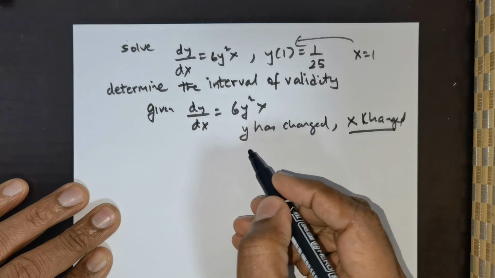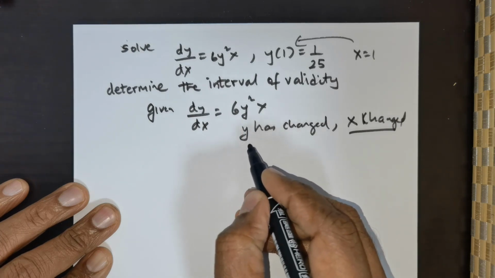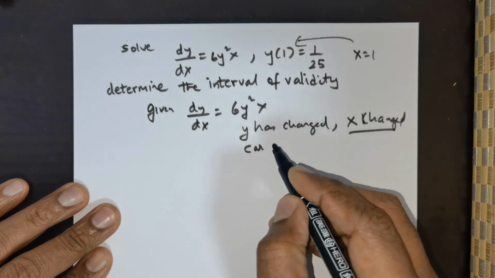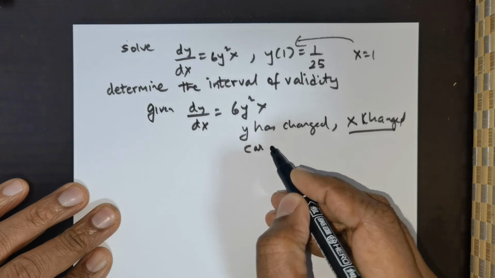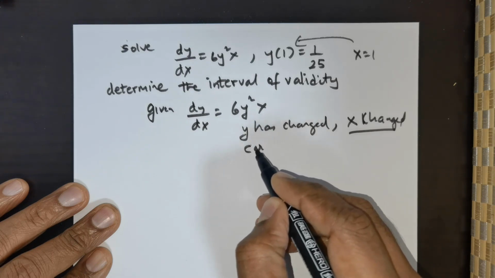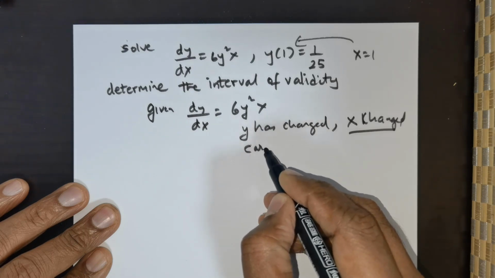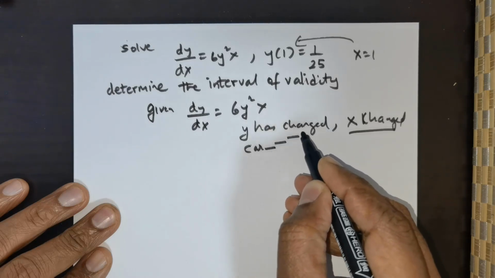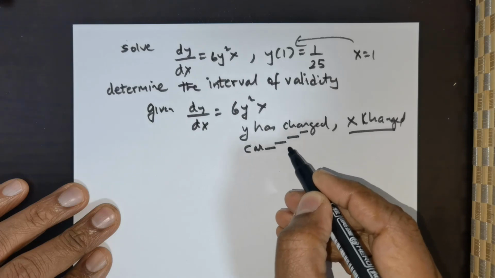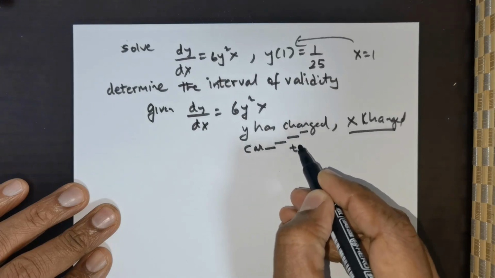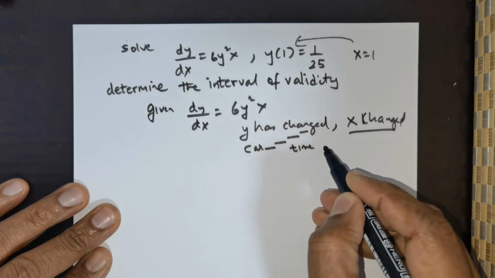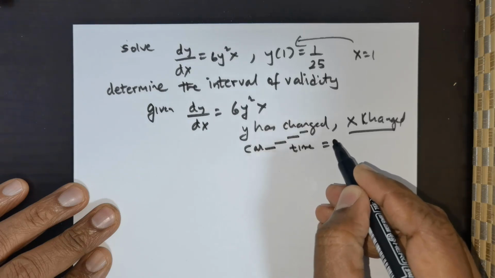Now take this illustration. For example, you are buying a car, a new car. As you use this car for 1 year, 2 years, 3 years and 4 years, the time has changed from t equal to 0 to t equal to say 4 years.